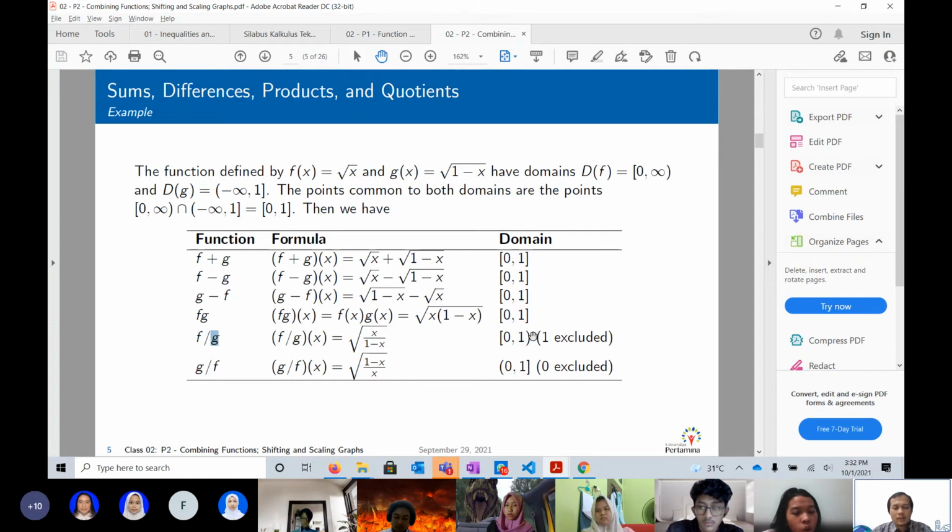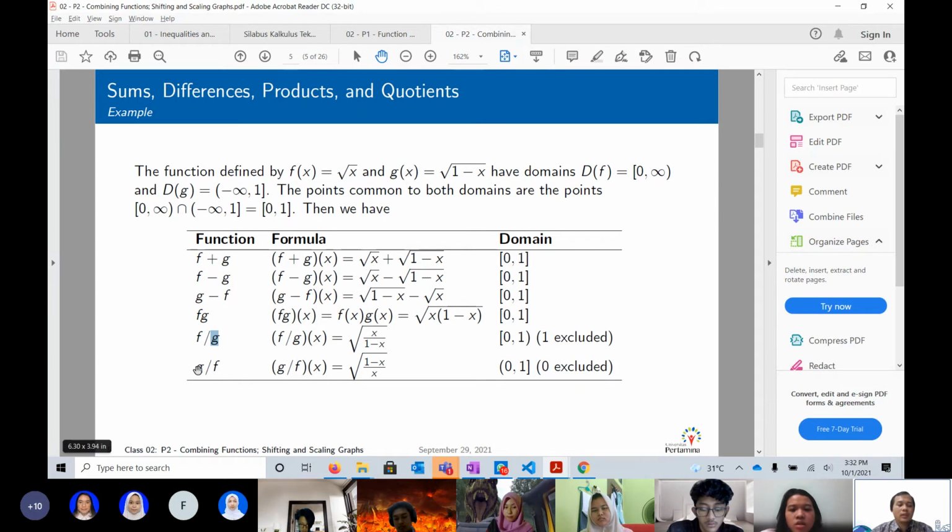So we see that g of x equals 0 if x is equal to 1, right? Because if x equals 1, we have square root of 1 minus 1, meaning that g of 1 equals 0. That's why in this case, 1 is excluded from the domain.